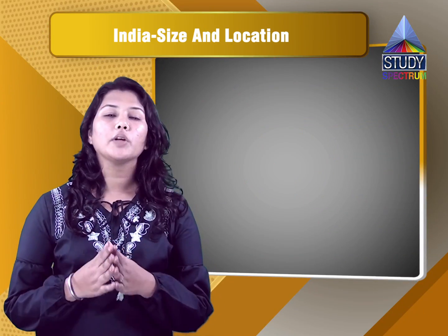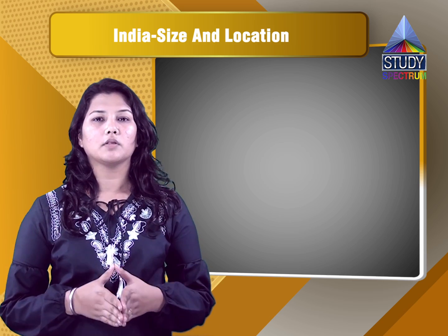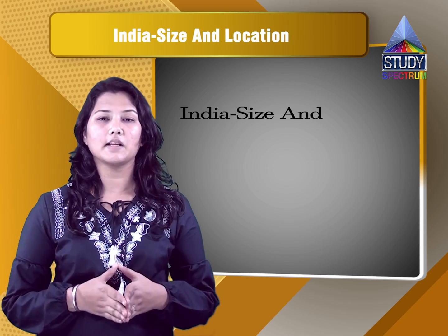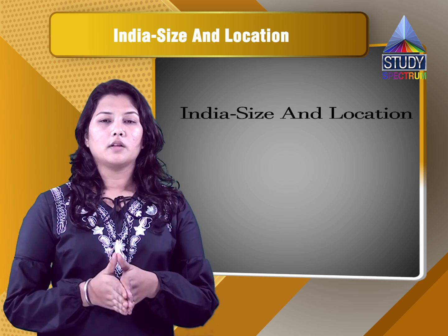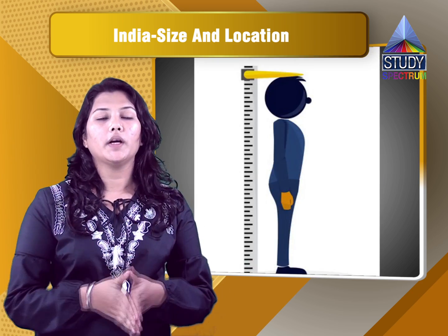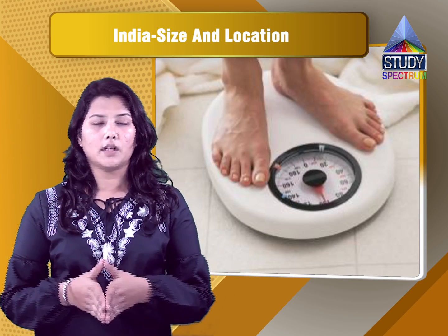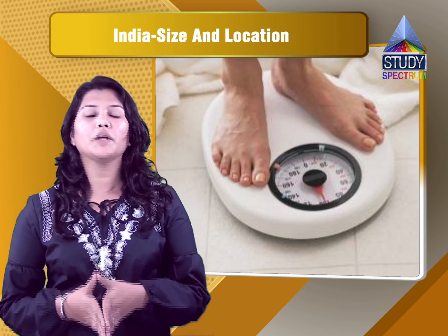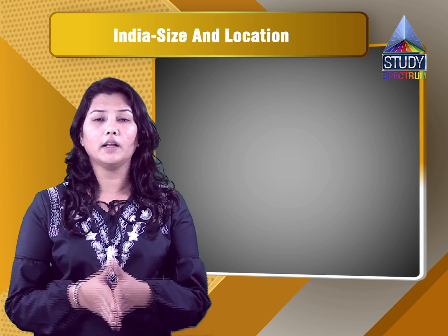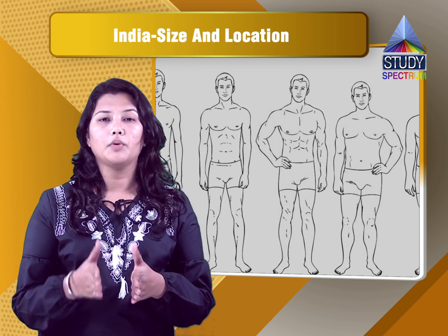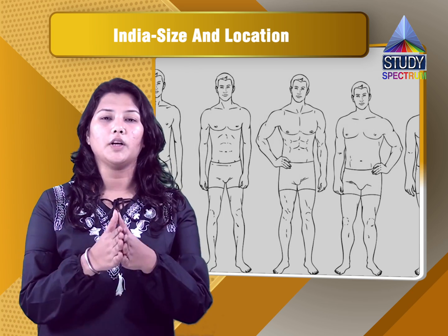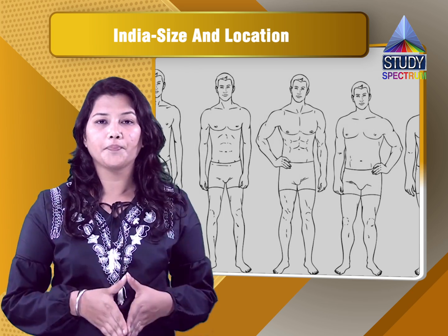Hello everyone. Today we're going to start with the first chapter in geography, India, size and location. When we look at ourselves, we try to find our height, weight, or probably where we stay. So in simpler terms, with height and weight, we are trying to find out your body shape or body type, how much is your height or how much is your weight or how much is your age.